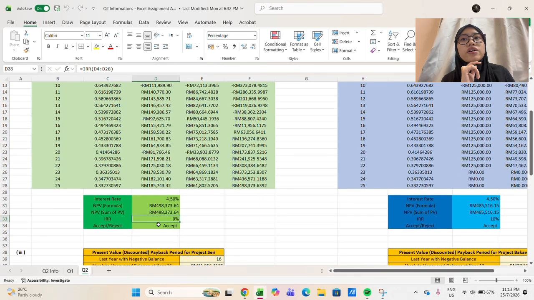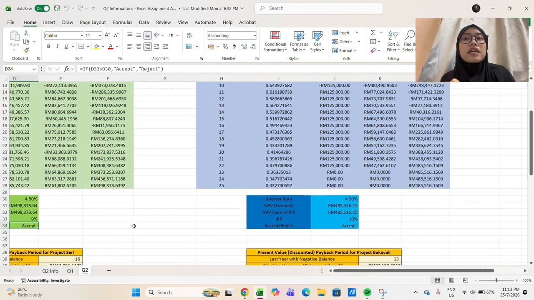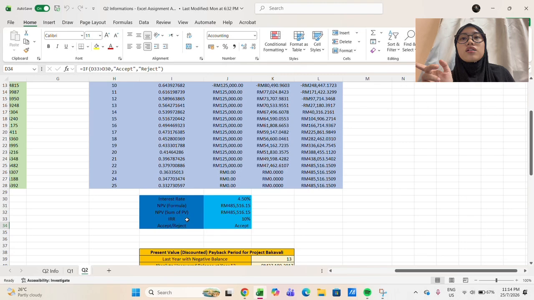Next, to know whether our project is accepted or rejected, I use the IF formula. If the IRR is greater than the interest rate, then the project is acceptable. Otherwise, it is rejected.